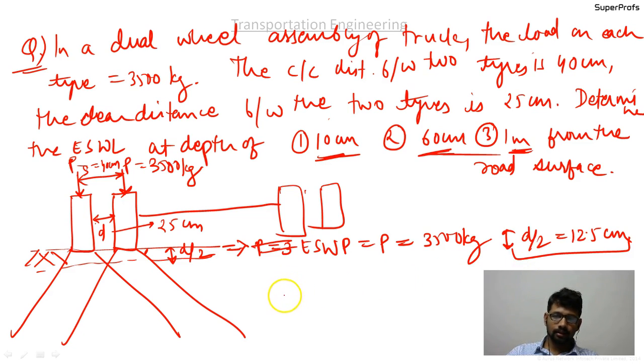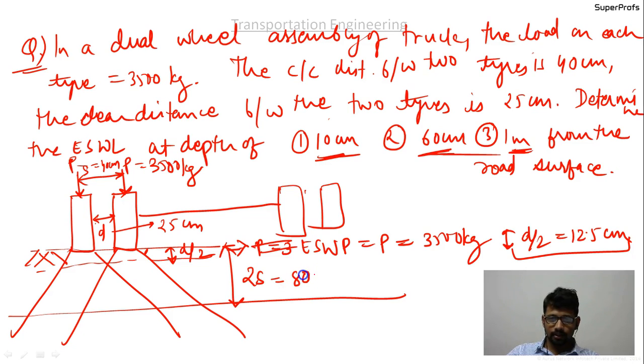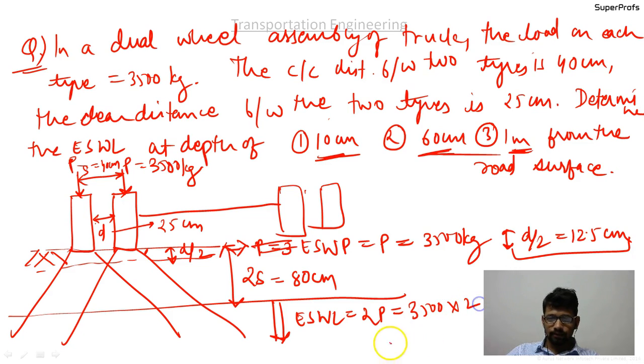And beyond 2S, here the S value is 40 centimeter, so that is equal to 80 centimeter. So beyond this 80 centimeter, the equivalent single wheel load is equal to 2P, which is equal to 3500 into 2, that is 7000 kg.